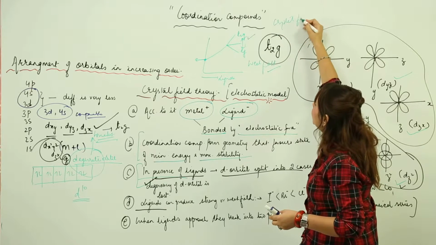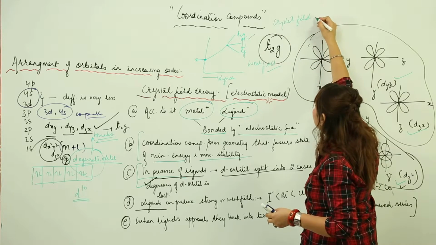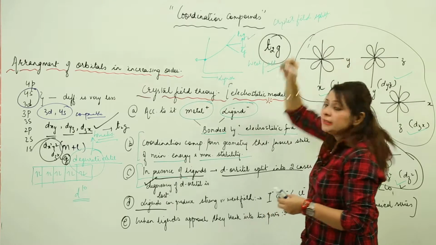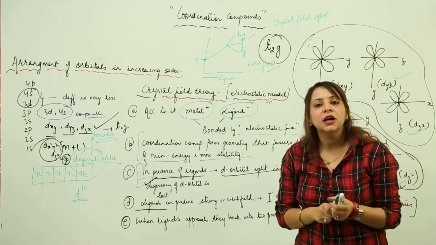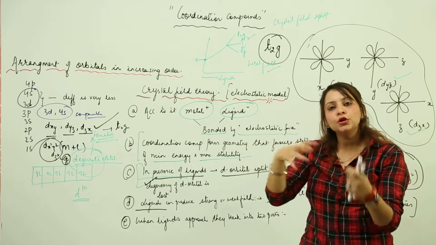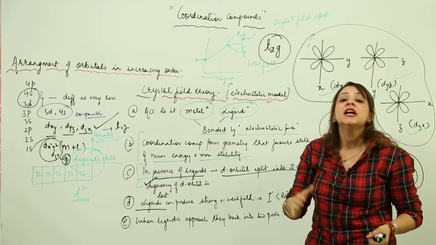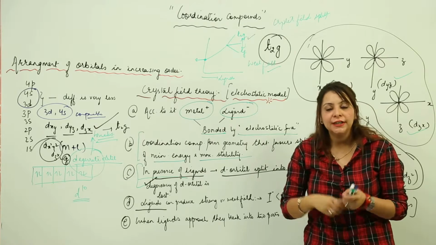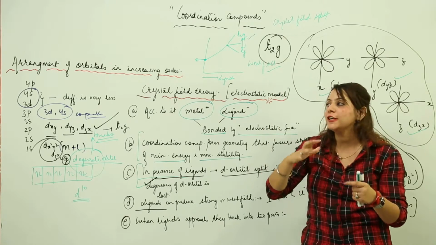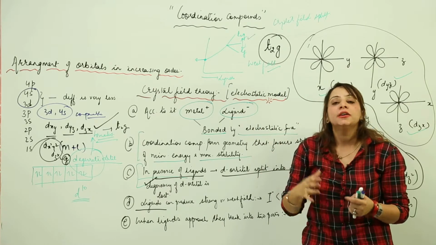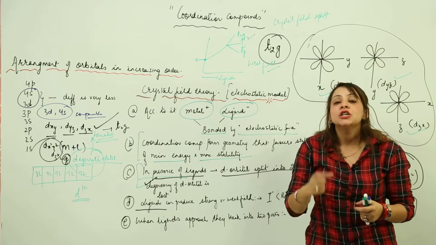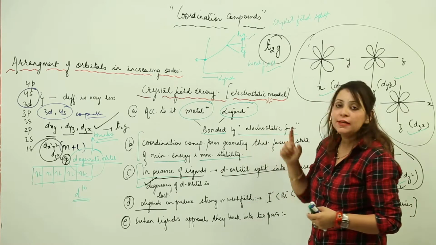So what is crystal field splitting? If somebody asks you for the definition, it is the split of d orbitals according to their energies on the approach of ligands into 2 cases. That is, the splitting of d orbitals into T2g and Eg when the ligands approach is called crystal field splitting.